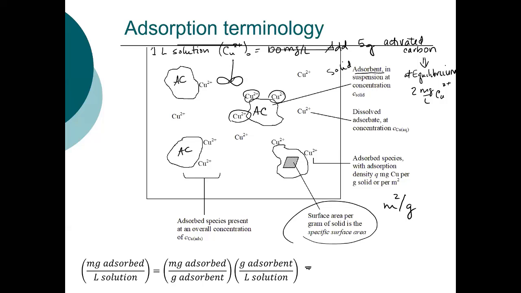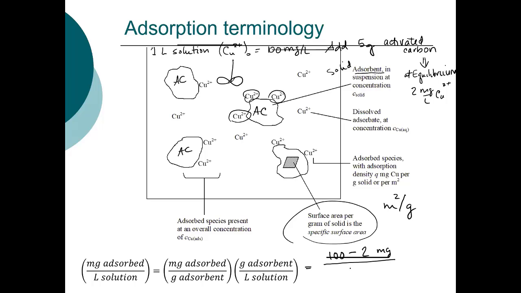So in this case, what we've added is 100 milligrams per liter. We have a 1 liter solution. So we have 100 milligrams that we've started with. We had 2 milligrams in that 1 liter of solution.